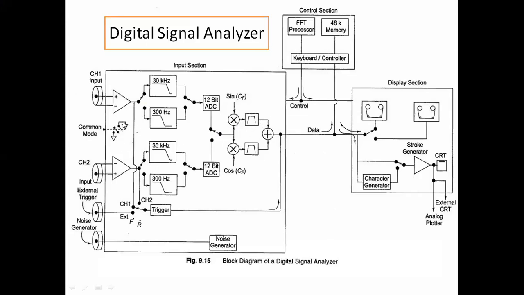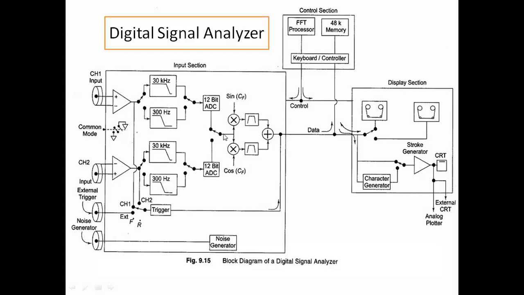And similarly, suppose we have to find out the autocorrelation or cross correlation of two signals. So one signal is applied to channel 1 and another signal is applied to channel 2. So here the summation of both the signals occurs.